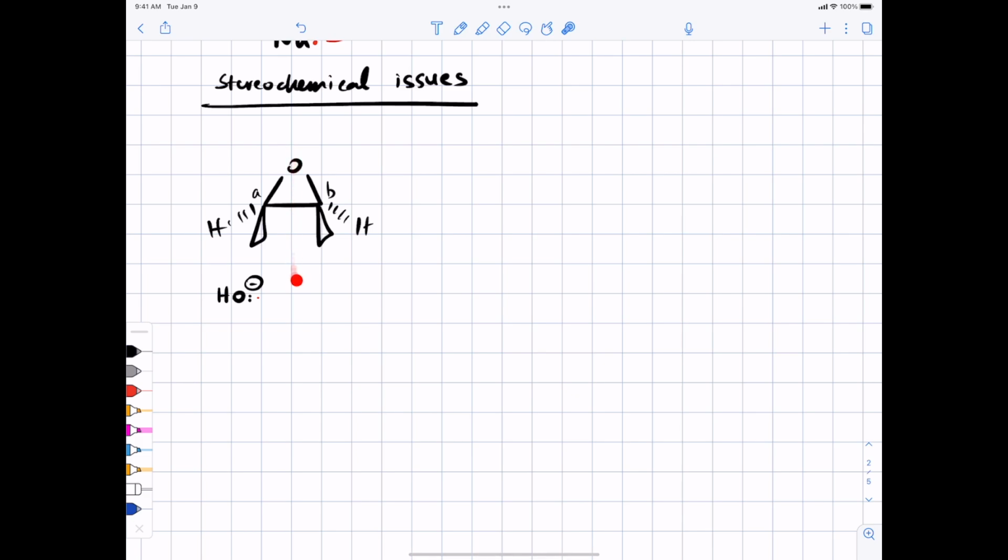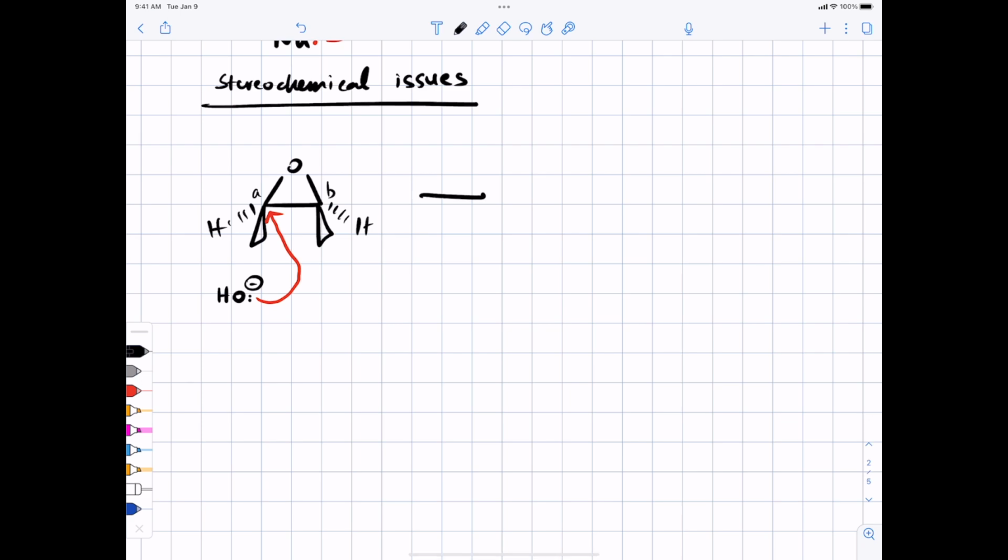By symmetry, yes, plane of symmetry. So if they're identical to each other, we have to attack either one with equal frequency. Right now, let's just say that we're going to attack carbon A. We can come back and see what happens when we attack carbon B instead.